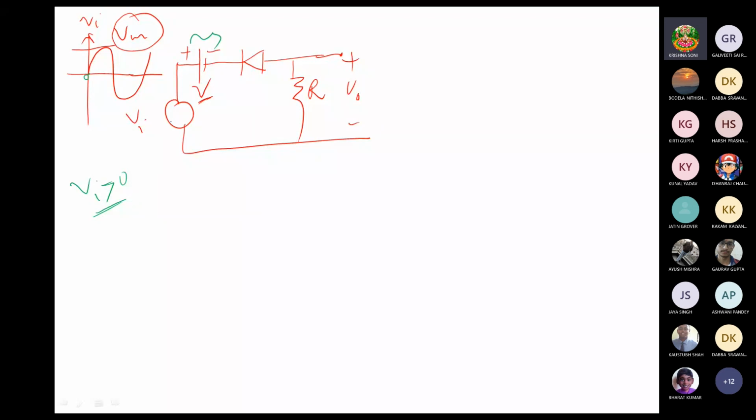The input voltage in the first positive half will have this kind of polarity, so we have negative polarity of the voltage seen at the P side and positive on the N side. If we assume the ideal case that there is no current flowing, no voltage drop appears across the resistance R, so the full input voltage will be seen across the diode. That is the ideal case.